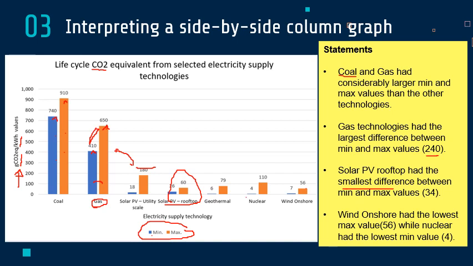So here, there's actually quite a big difference between the min and maximum value for nuclear, but it actually has the lowest minimum value, whereas this has the lowest maximum value. So again, I can make these comparisons between these different technologies and then also these two variables, the min and maximum value. So very useful. There's a lot of information I can get from this.